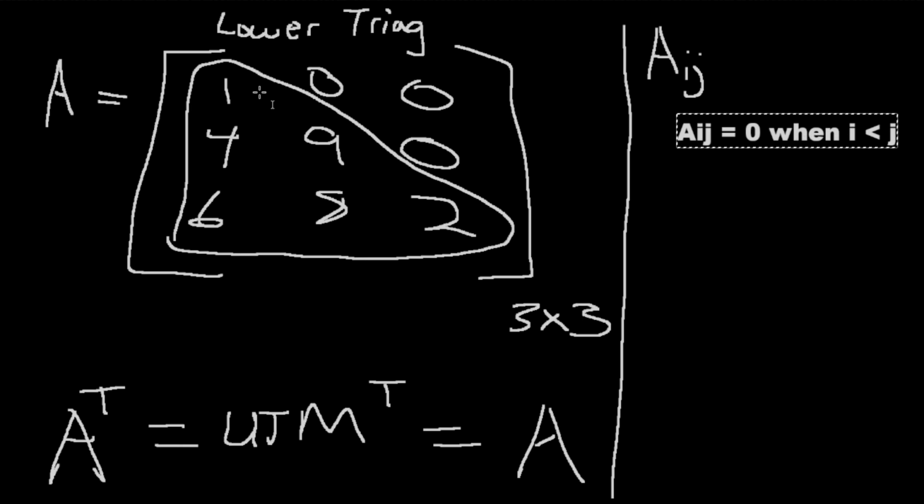So i being the row, j being the column, if we're in column 2, row 1, then i is less than j, so the entry is going to equal 0. So that's typically how it's defined in a book.